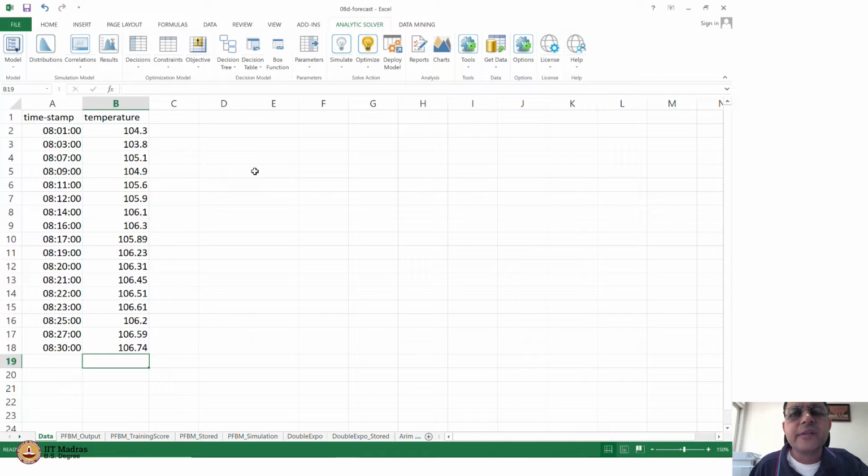I think this is the first time I'm discussing the Analytic Solver add-in to Excel. But now that I have started discussing, because I find a direct application, let me explain that. So let us say this is the data. The first model that we had looked at in the last session was exponential smoothing, but double exponential smoothing we also discussed.